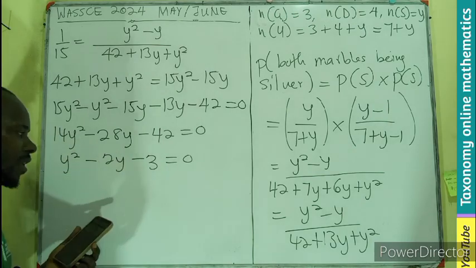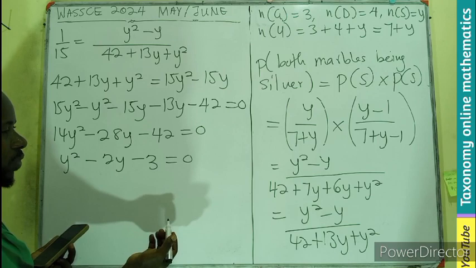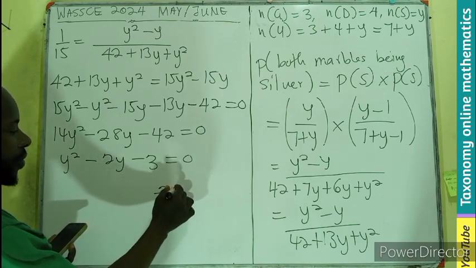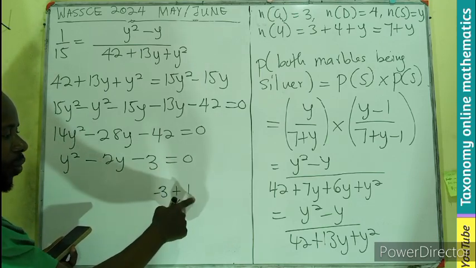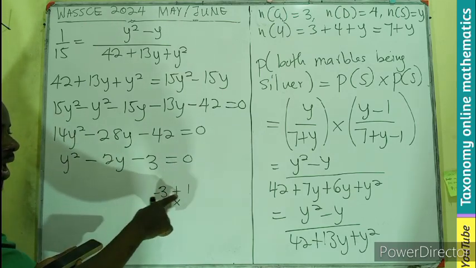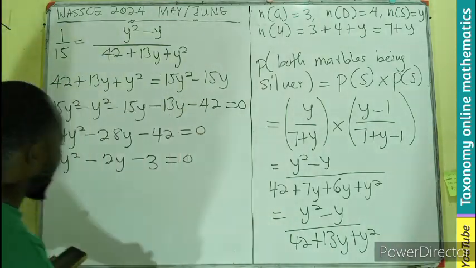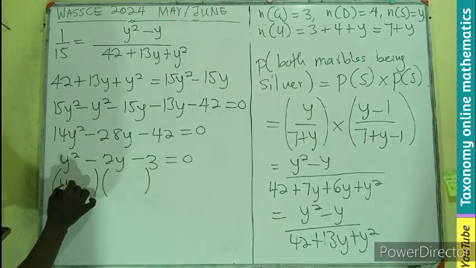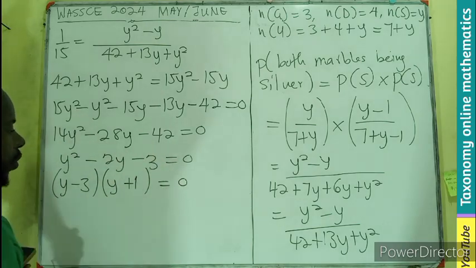We are looking for factors of negative 3 that add up to negative 2. Those are negative 3 and 1. If I multiply negative 3 and 1, I get negative 3, and if I add them, I get negative 2. So I introduce my two brackets: y minus 3, y plus 1 equals 0.